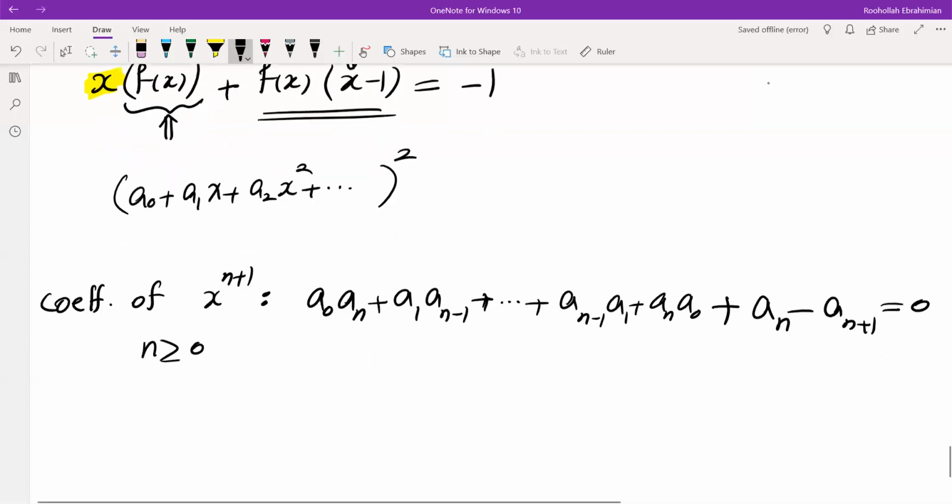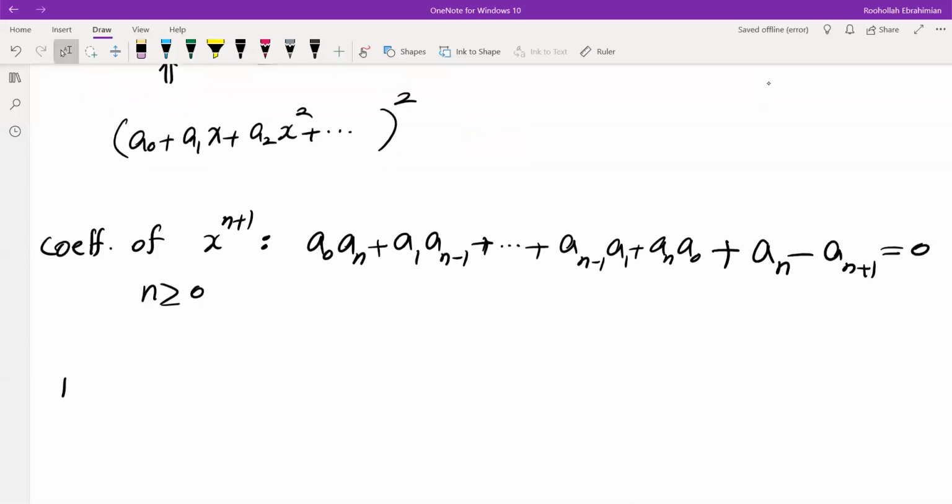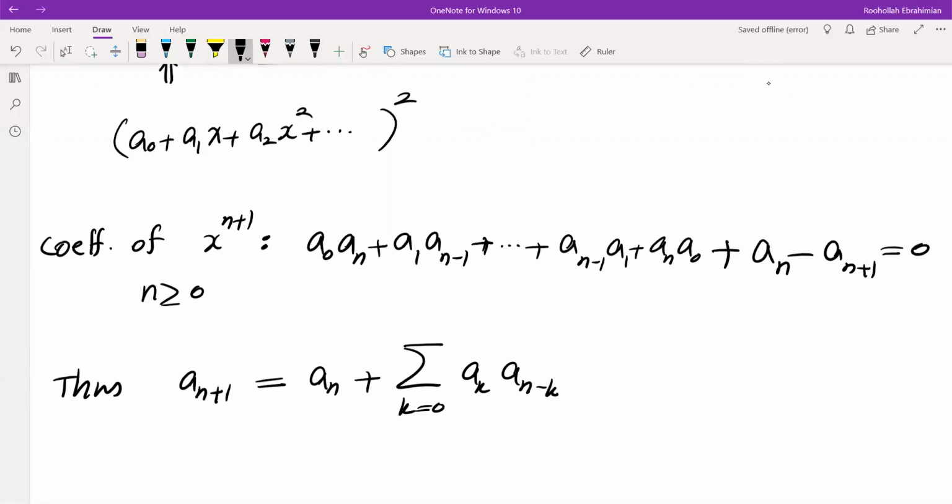That's perfect, because that exactly gives us what we wanted. So we get an plus 1 is equal to an plus this sum, ak times an minus k, k equals 0 to n. So then we can use induction to show that in fact everything is an integer, because that doesn't have any denominators.